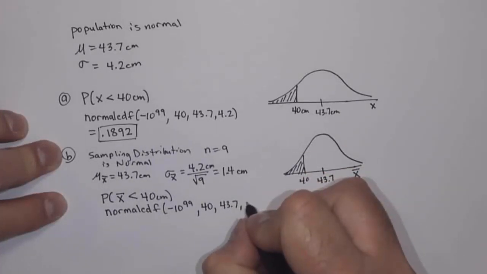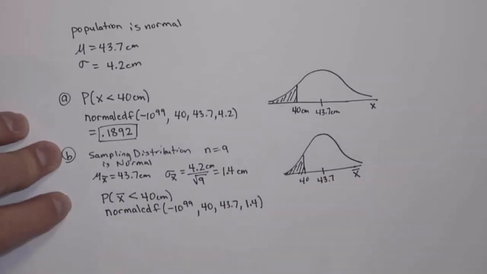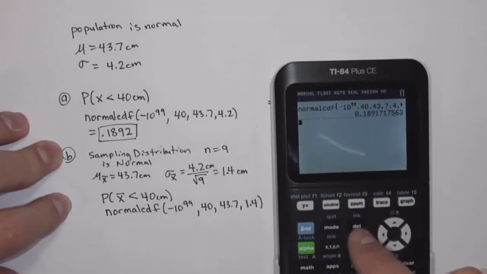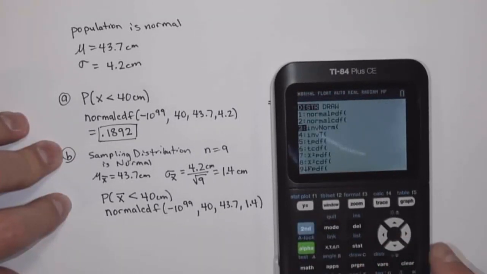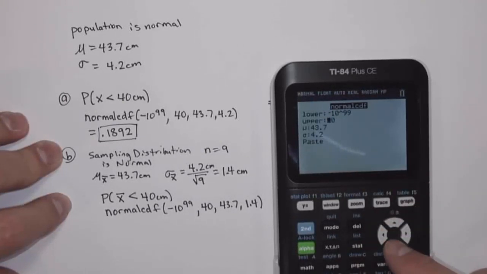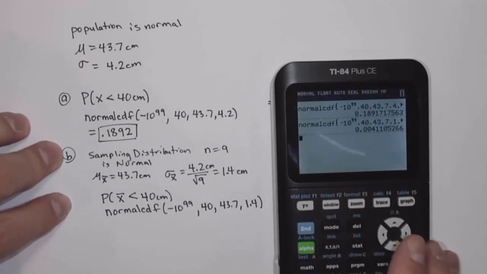But this time, my standard deviation is 1.4, not 4.2. So if I pull my calculator back in, I'm going to do distribution, normal CDF. I've got my big negative number to 40 with 43.7. I just need to change the standard deviation to 1.4. And so I get 0.0041 for that probability.